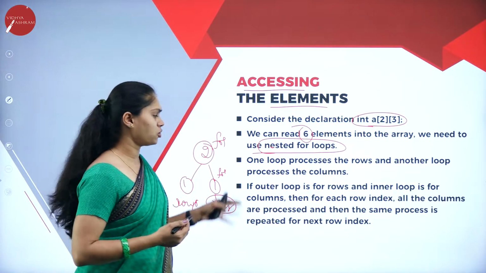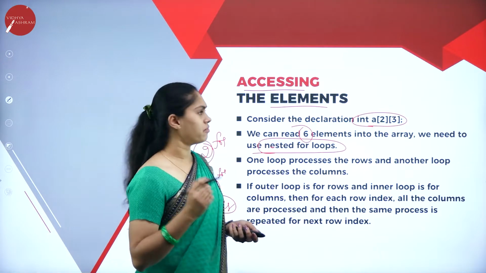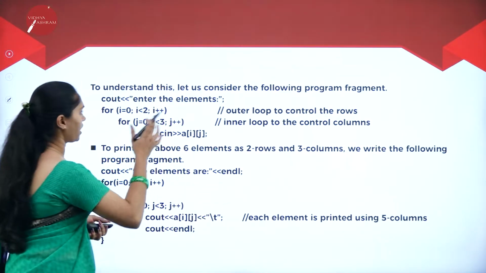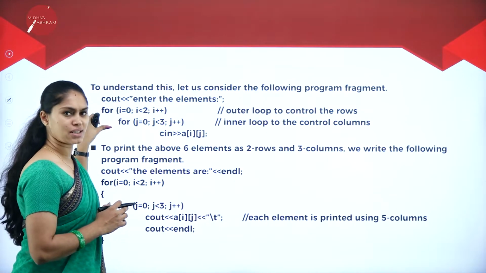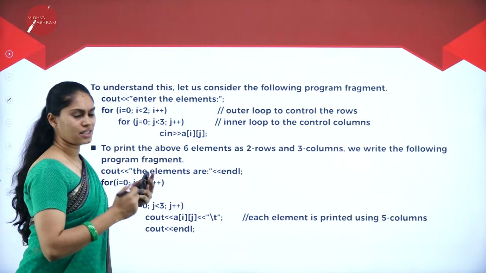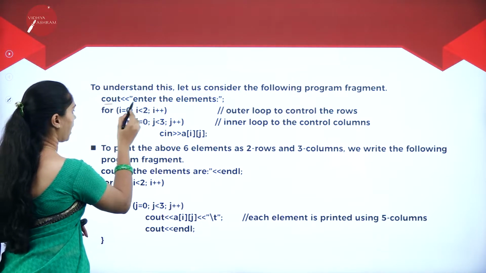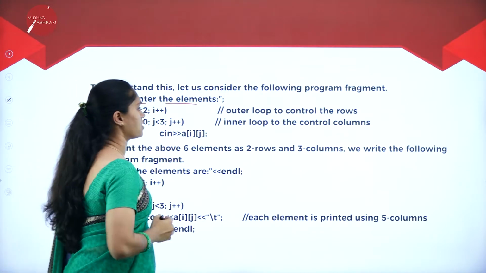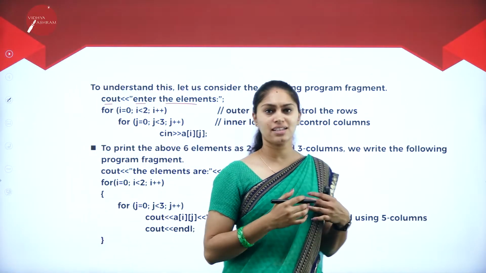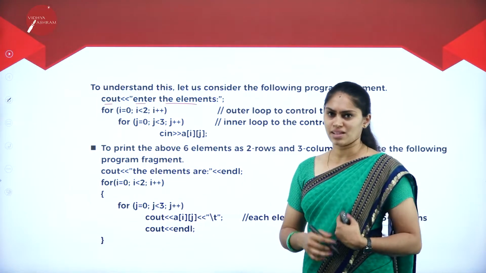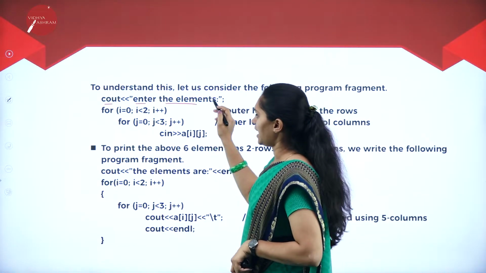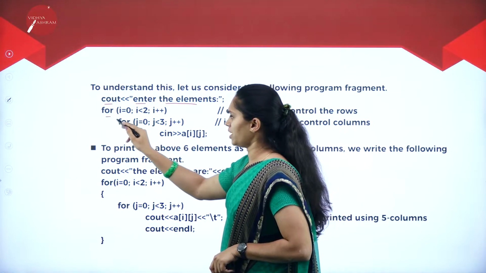Then how are we going to do this with the program? We'll see. Here you can consider this programming segment in order to read and display. So here we have cout, enter the elements. So we are taking input. We are reading the content of the array elements. How many for loops do we have?